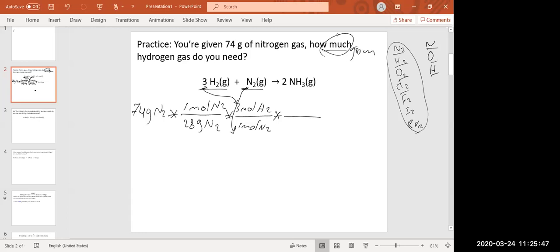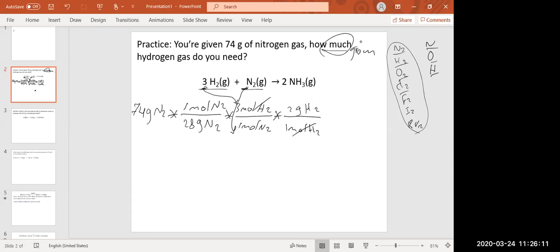I will use the molar mass of Y, which is the H2, hydrogen gas. So which one will go to the top? It is the mass this time. Hydrogen is 2 times 1, so it will be 2 gram H2 and 1 mole H2 in the bottom.